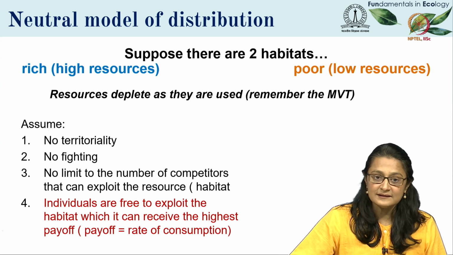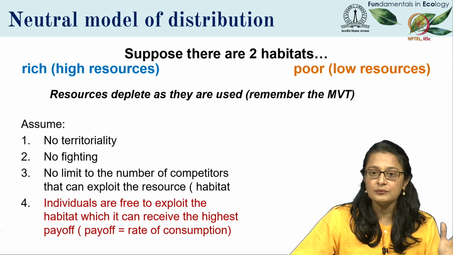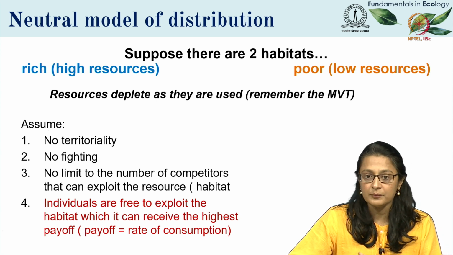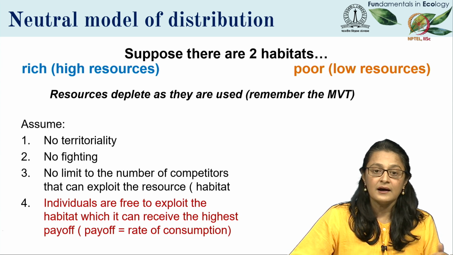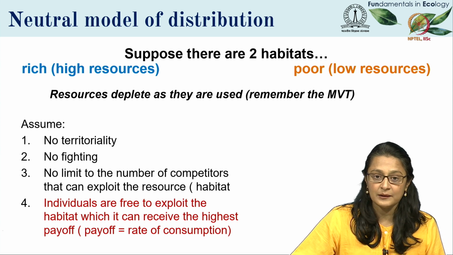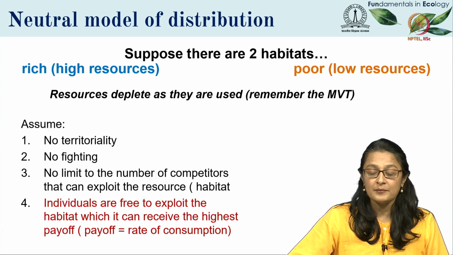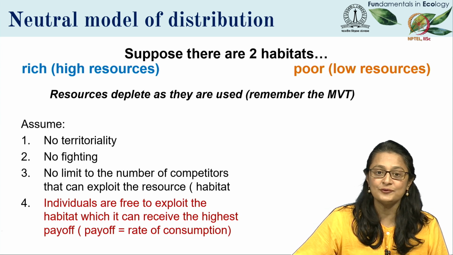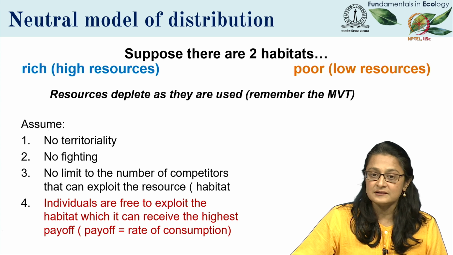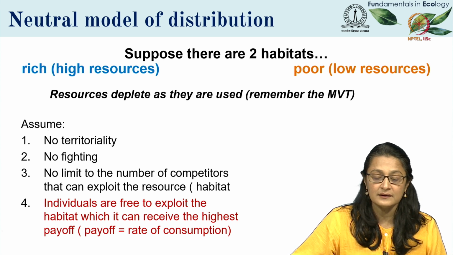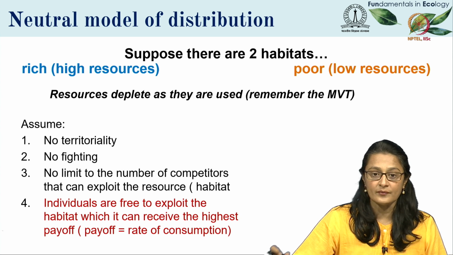What this means is that individuals are free to move between the rich patch and the poor patch and vice versa, so that they can exploit the habitat where it gets the highest payoff. I'm using a new term here, payoff, but really what I mean is the highest rate of consumption, which is the same as what we were talking about when we discussed accessing resources. It's the highest energy gain per unit time foraging.